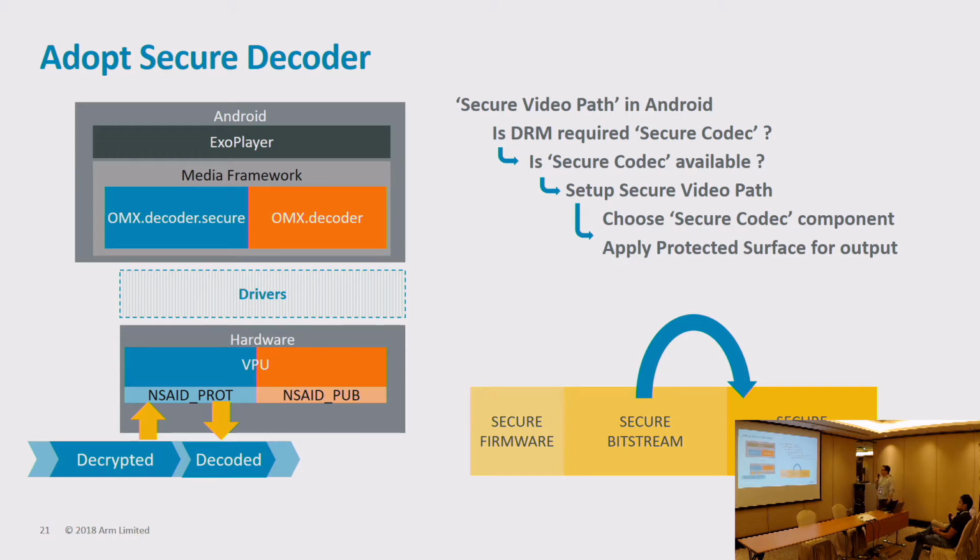And if it needs one, then the media framework will search for the secure codec in the system. And if it finds it, it will set up the secure path. First, it will init your secure codec. And then it will apply the flag to the protected surface to be aligned with the codec, because you need to put the decoded content into the protected surface.